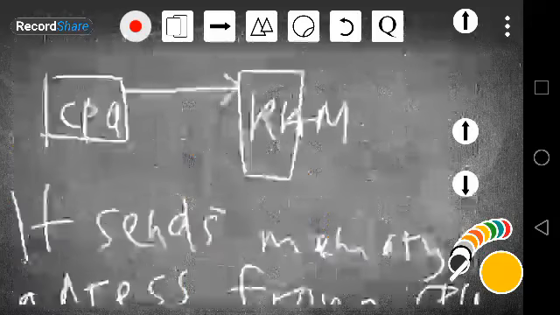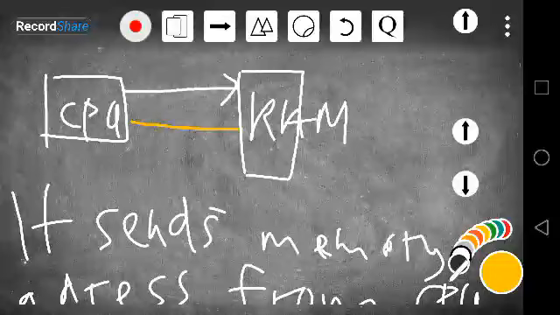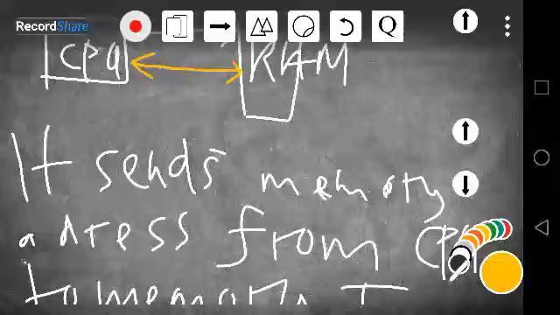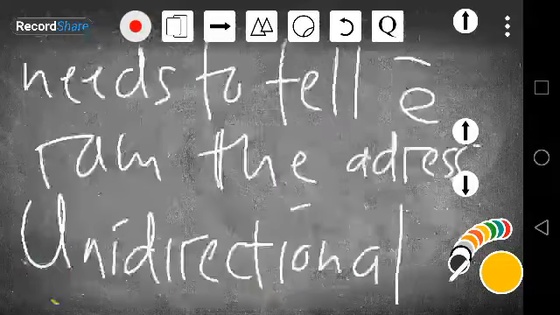The data bus is this one. Okay. Let's see kuti data bus rinoshanda basa rei. Now this sends the actual data to and from the memory.